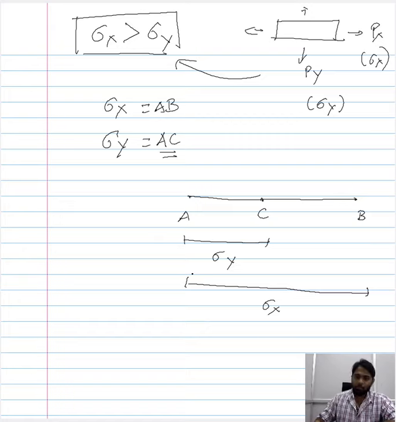Now, supposing you have a condition wherein the stresses are so large that it is difficult to represent them in the form of a line, then the easier way to do it is to consider the ratio of these stresses. You consider the ratio of the stress along the y direction and the stress along the x direction, related to the corresponding segments of the lines AC and AB.